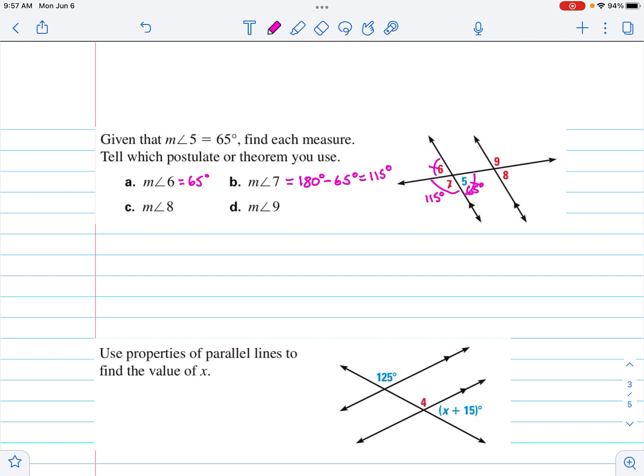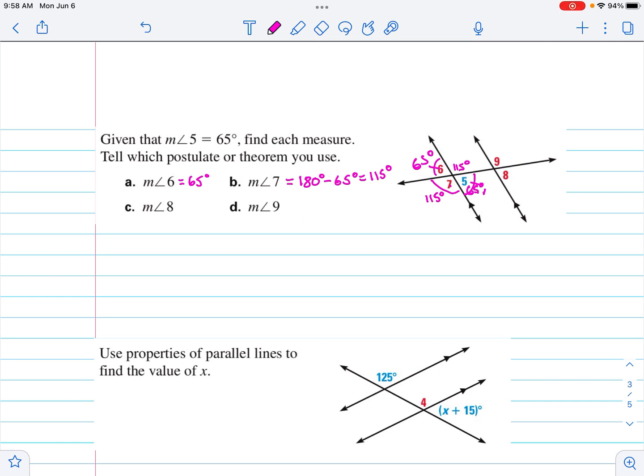Now, because that angle is 115, we know this angle is 115. So look what we've got. We've got 65 degrees here, 115 and 115. Okay, now let's see if we can figure out what angle 8 is. Let's think about how we could do this.